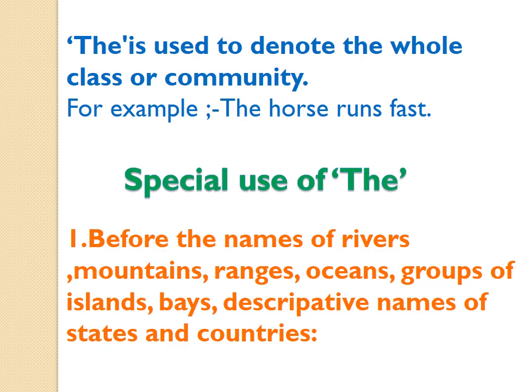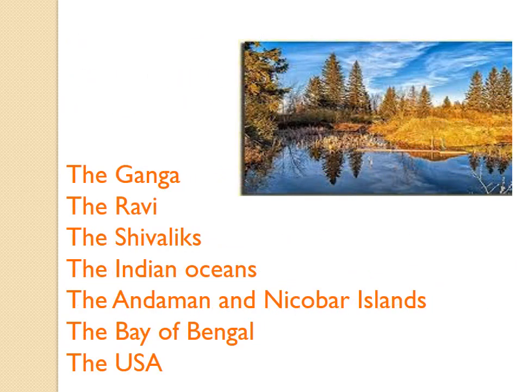For example, the Ganga, the Ravi, the Shivaliks, the Indian Ocean, the Andaman and Nicobar Islands, the Bay of Bengal, the USA. So, before these words, we use the definite article the.